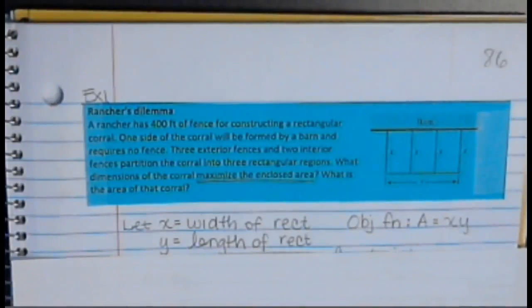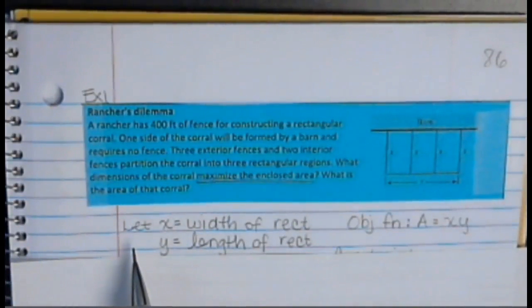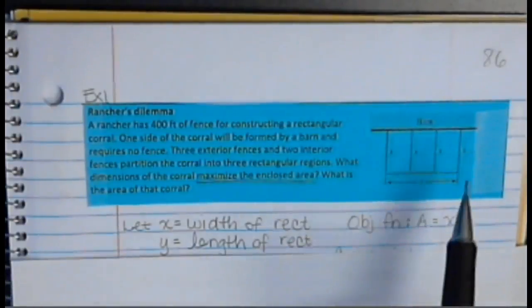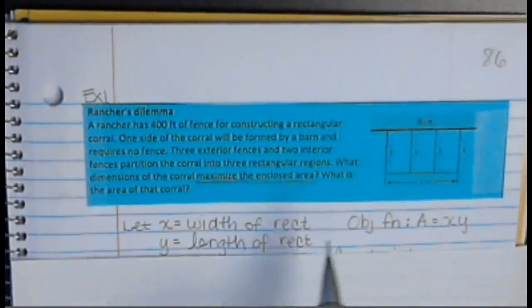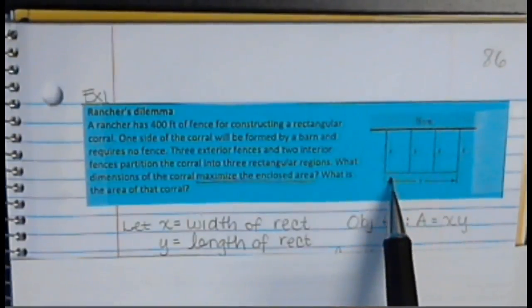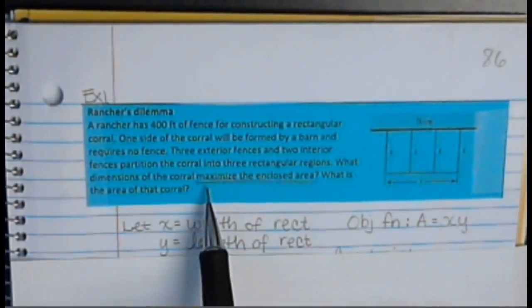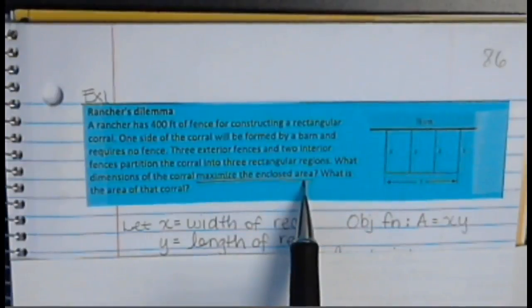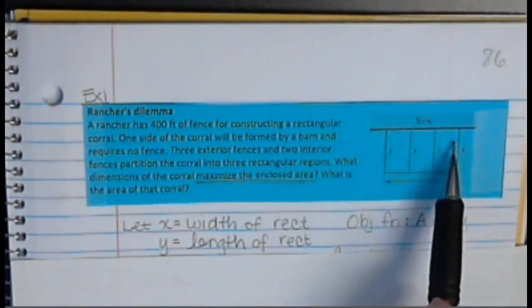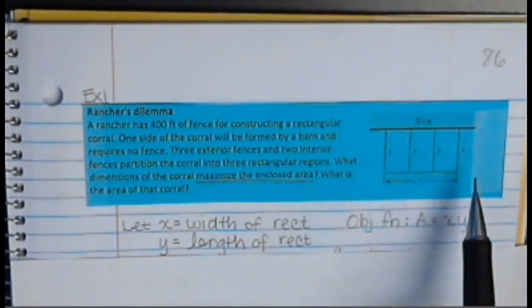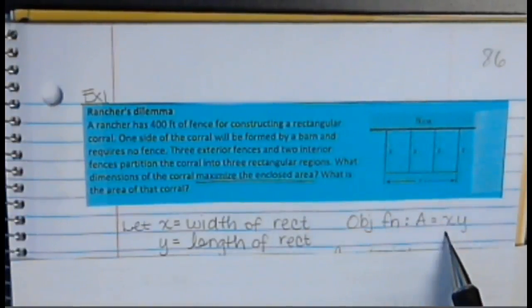We're going to let x equal the width of our rectangle, that's this part right here, and let y equal the length of the rectangle, that's this part right here. We already mentioned that we want to maximize our area, which is our objective function. That's the area of my entire corral, which is x times y. So that's what we have here. And notice we have 2 variables for that.